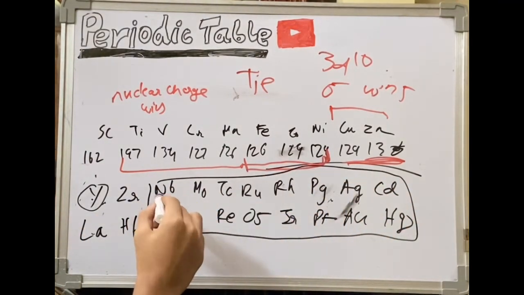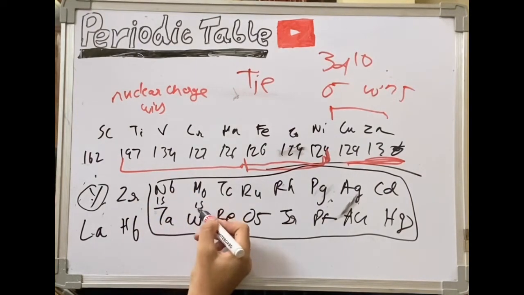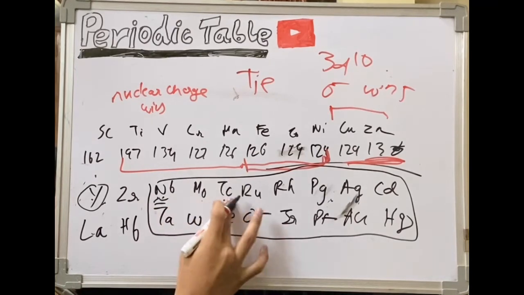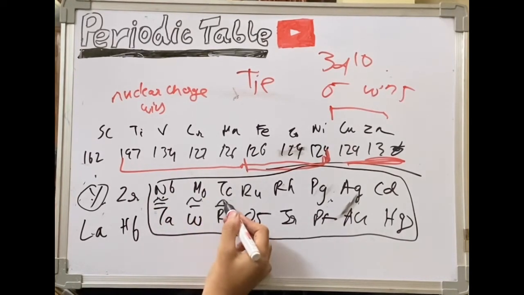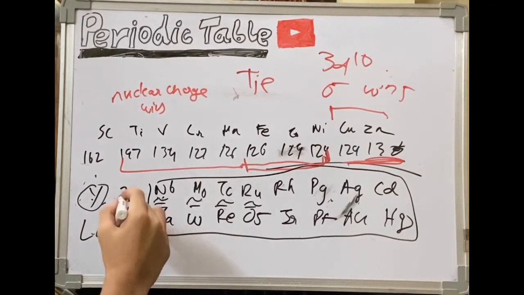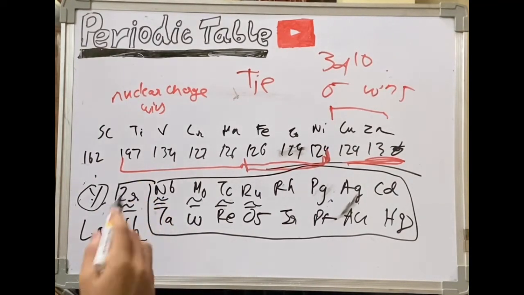I mean corresponding to these, okay? So these will be correspondingly equal. And write like this. Now the reason behind this is due to the lanthanide contraction. These will also be included, sorry, my bad. These will also be included.